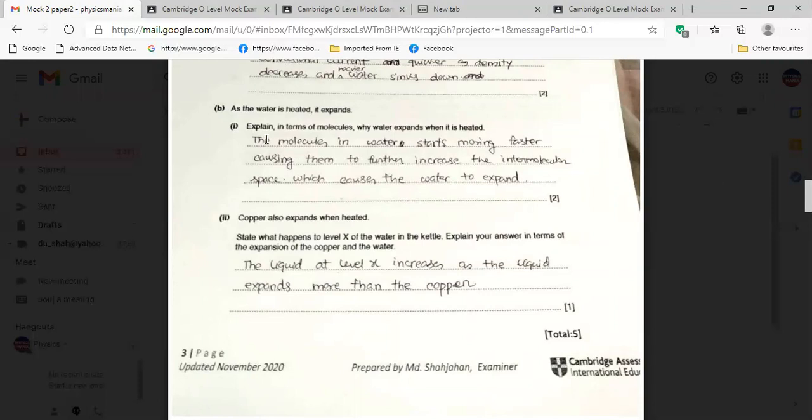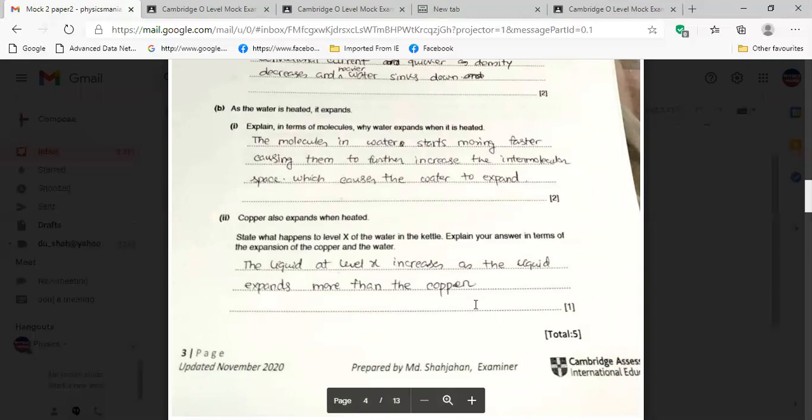Okay, then next one we have: as the water is heated, it expands. Explain in terms of molecules why water expands. So the molecules of water start moving faster, causing them to further increase the intermolecular space, which causes the water to expand.